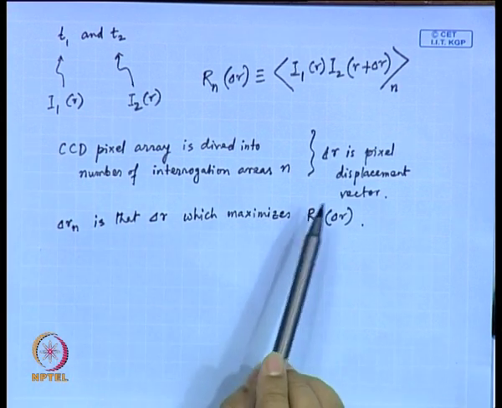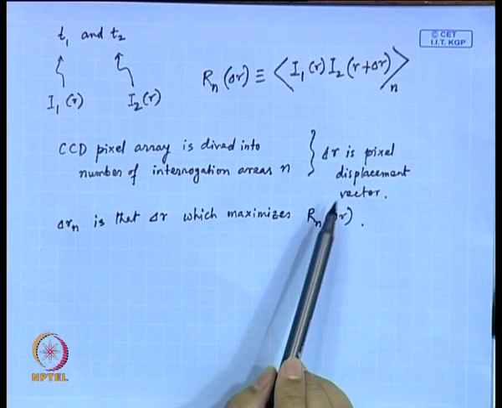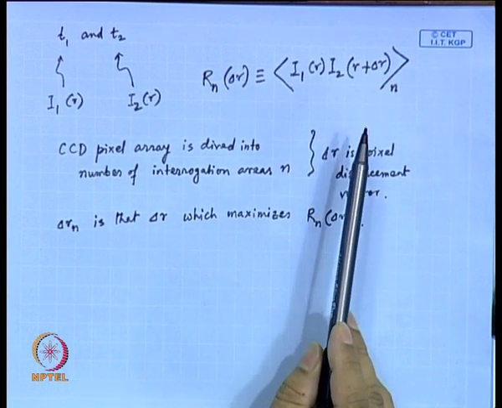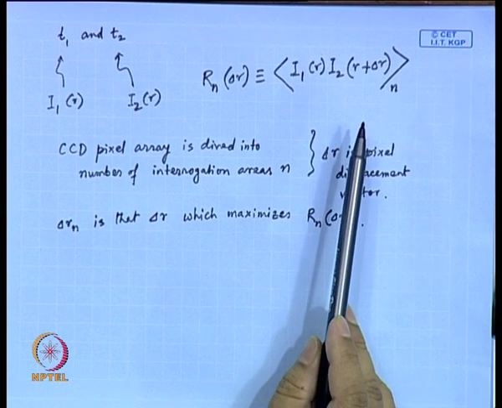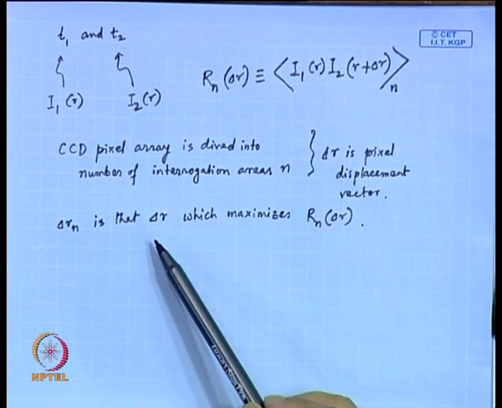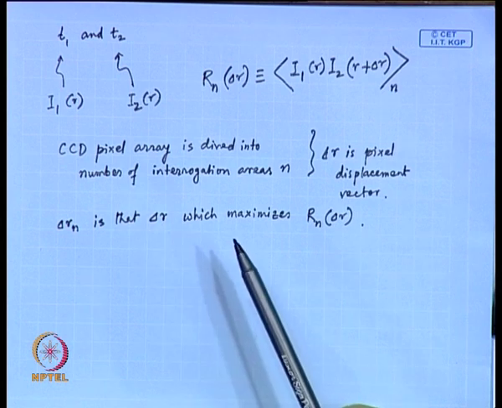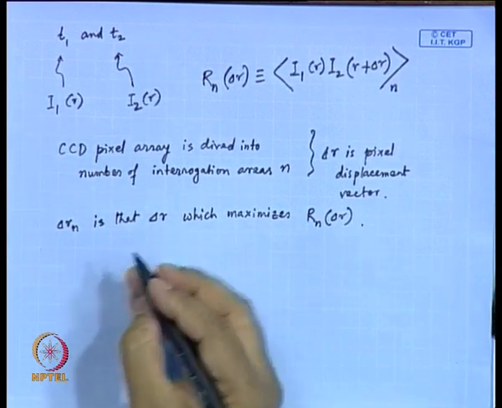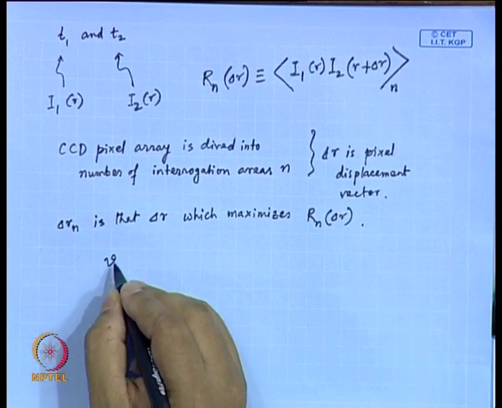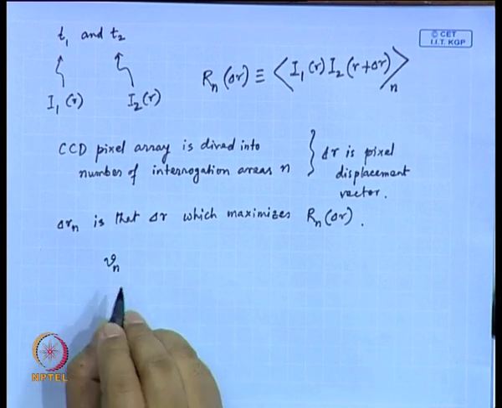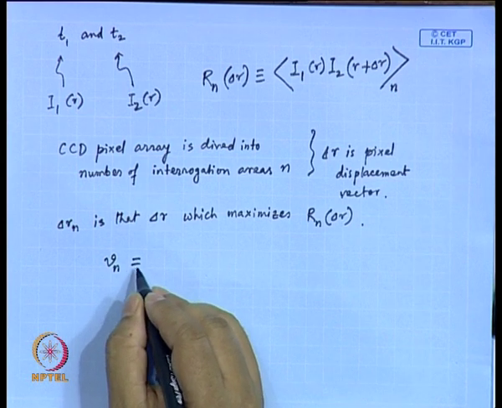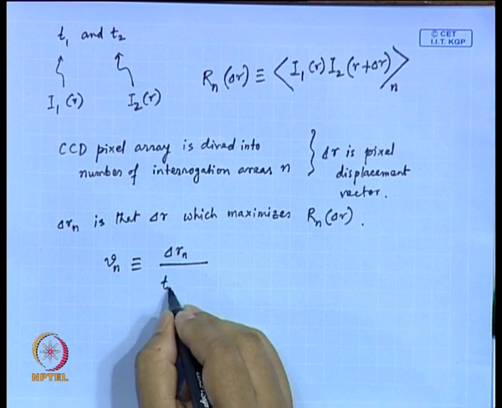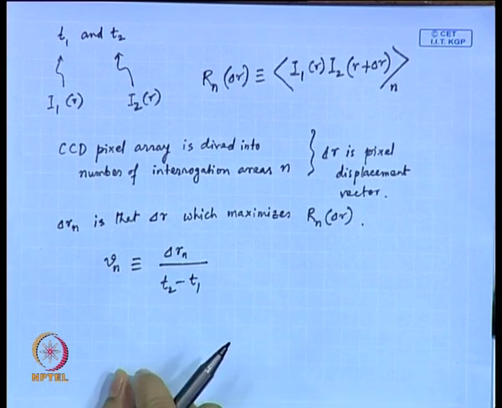So, you are picking up an interrogation area and calculating this cross correlation function, and then you are finding that delta r which maximizes R_n(delta r), and then you define velocity v for that particular interrogation area as delta r_n divided by t2 minus t1.